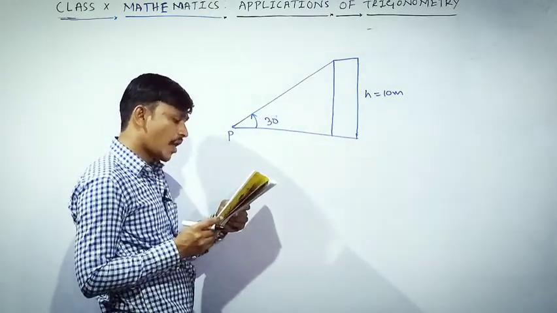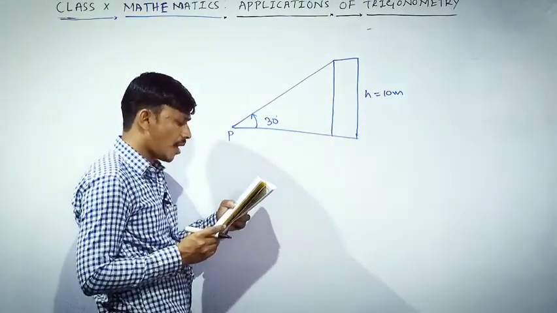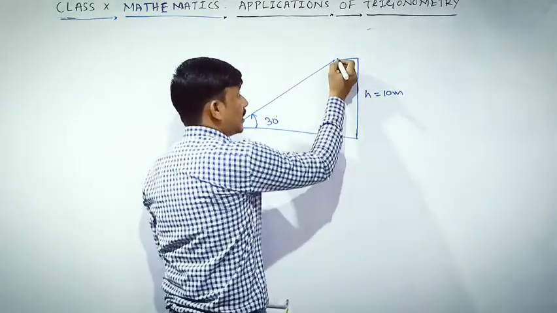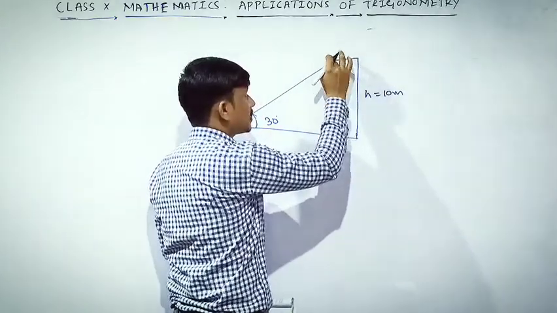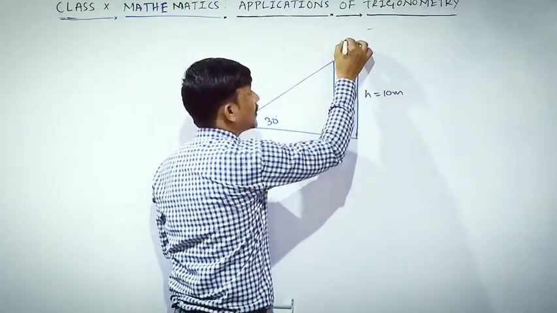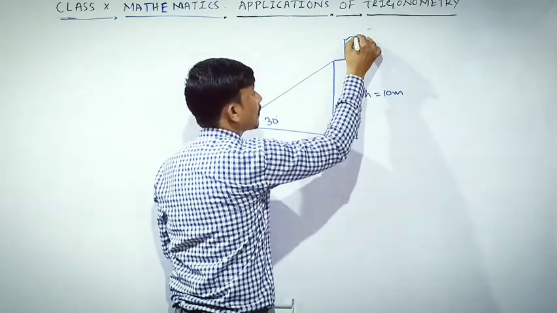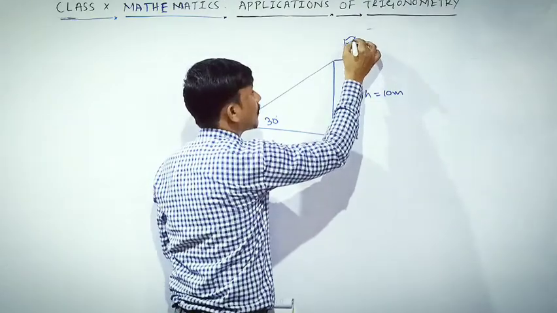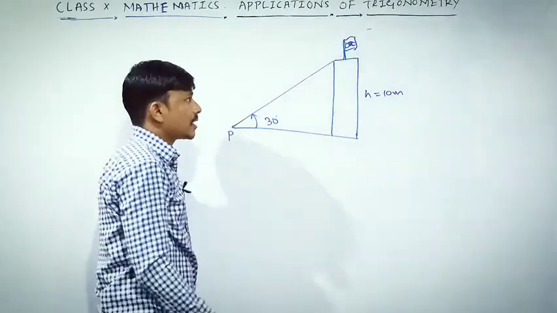A flag is hoisted at the top of the building and the angle of elevation of the top of the flagstaff from point P is 45 degree. There is one flag which is above the building.